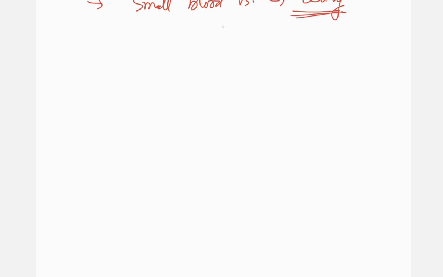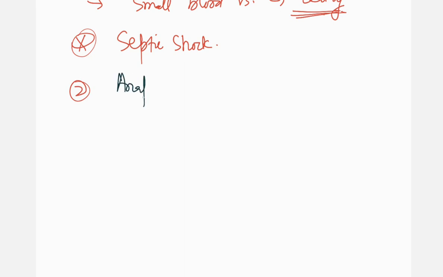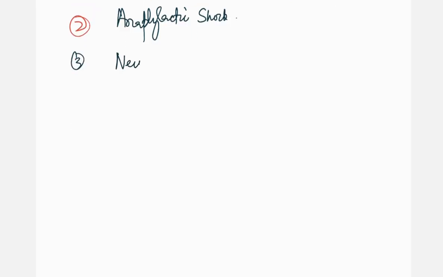Now there are further different types of distributive shock. We will not discuss them in detail. One is septic shock, another one is anaphylactic shock, and another is neurogenic shock.